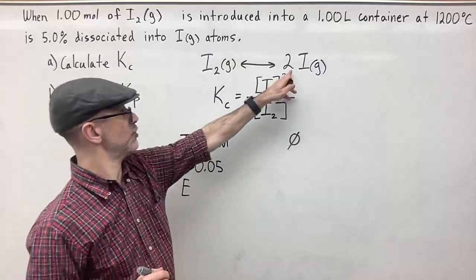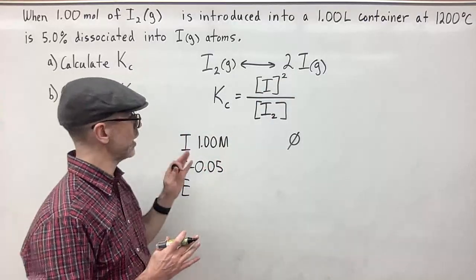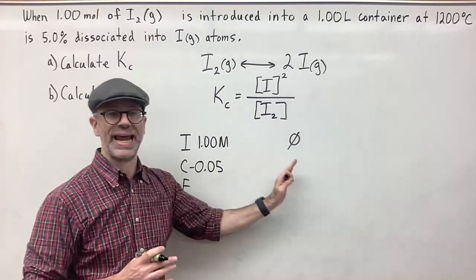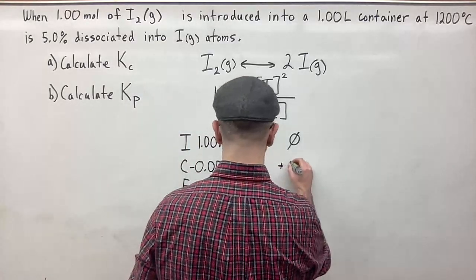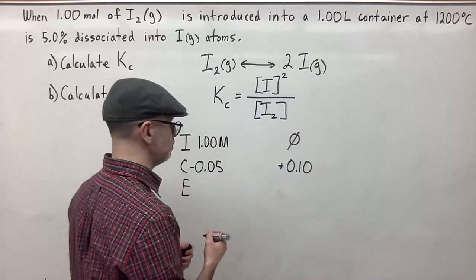And notice there's a 2 there, so the stoichiometric ratio is 1 to 2. Whatever we lose here, we're going to gain double that amount here. So we gain 0.10 here.